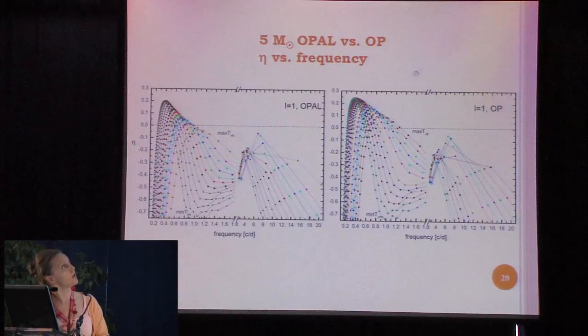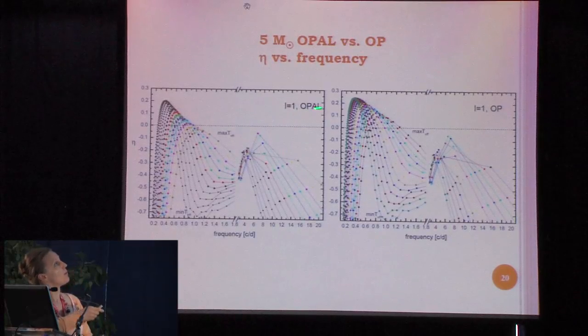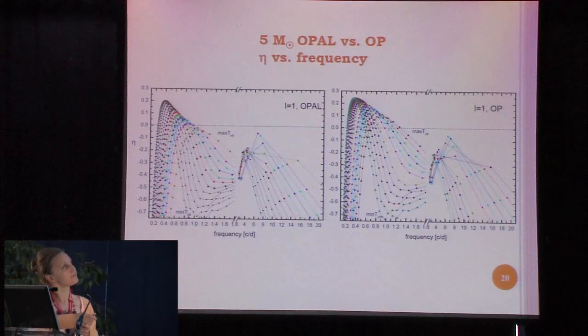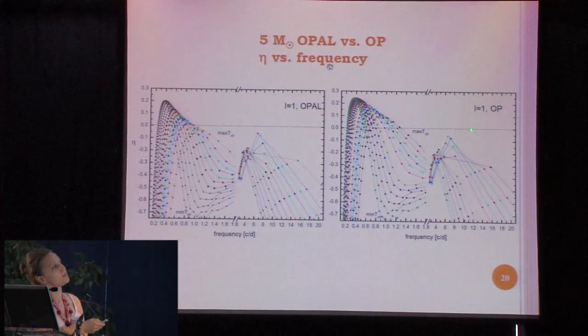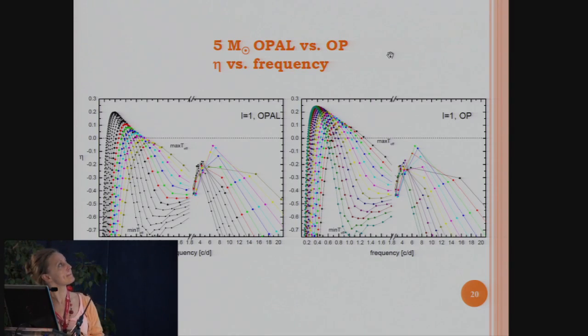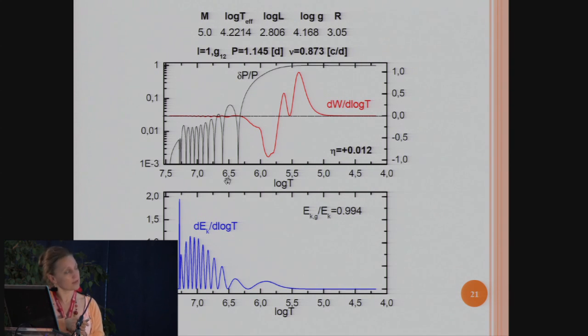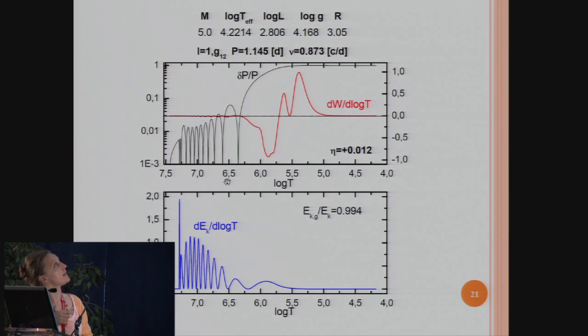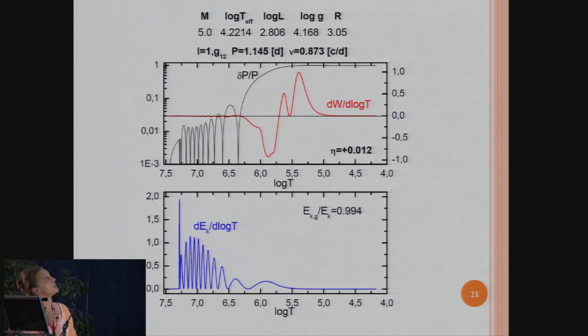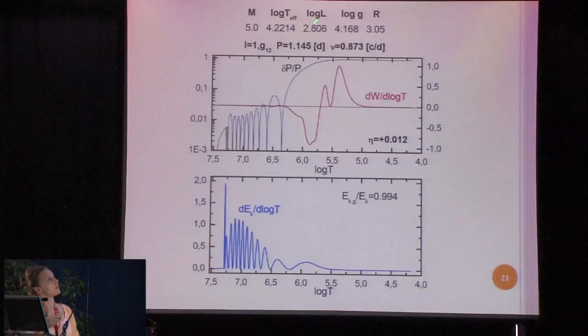And a comparison between OPAL and OP models. Here we have instability already from ZAMS, but you can also notice some local maximum at higher frequencies. And this is a typical mode excited in a model with 5 solar masses on the main sequence.